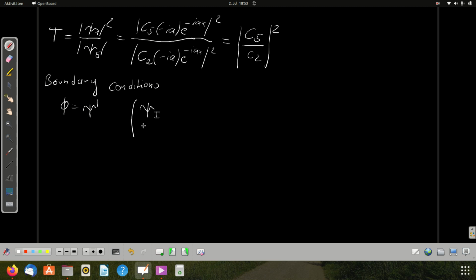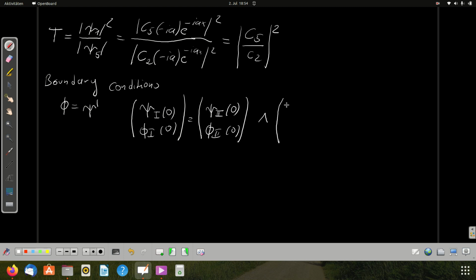Psi 1, phi 1 at point 0 equals psi 2, and at L the same must be true: the wave function in region 2 at point L and its first derivative, which we have defined as phi.